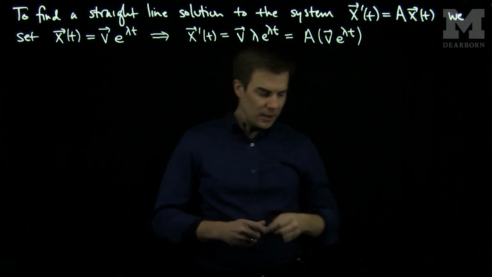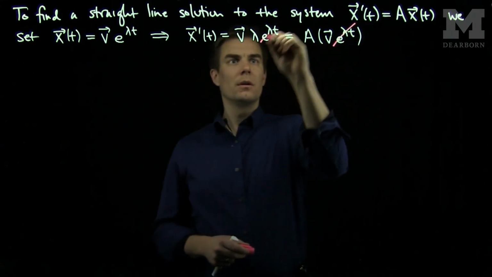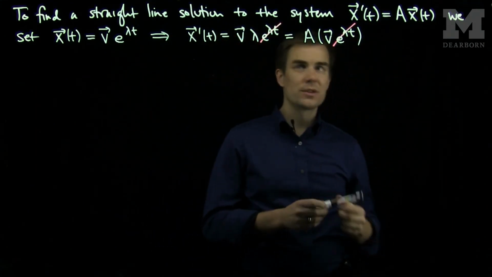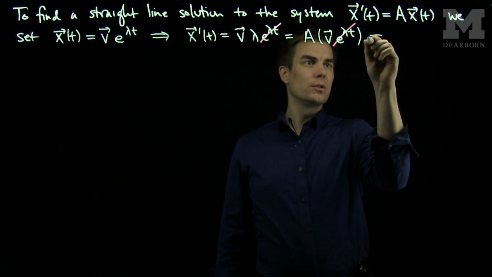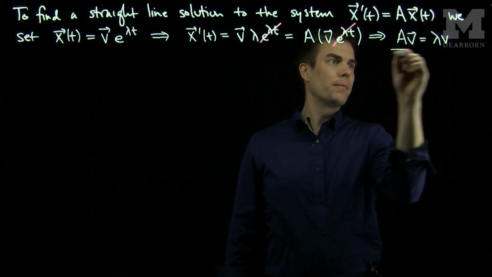Now there is an e to the lambda t on both sides of the equation, so that will cancel out. And we see that in order to find straight line solutions, we must have that A v is lambda v.